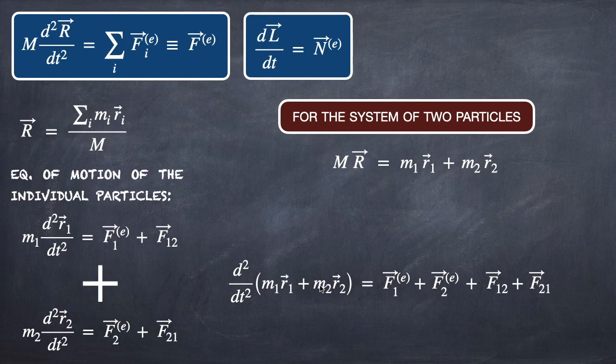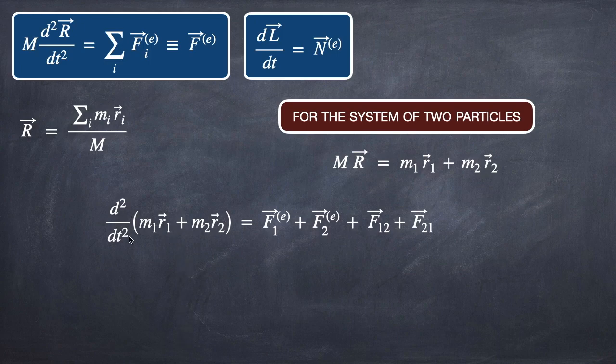So we can write the left-hand side of this equation as the second order time derivative of m_1 r_1 plus m_2 r_2. And on the right-hand side, we are going to write the external forces F_1 and F_2 plus the internal forces F_12 and F_21.